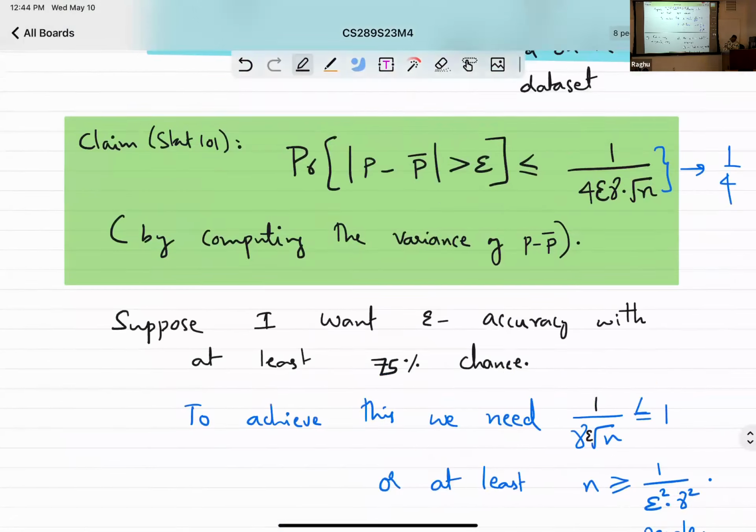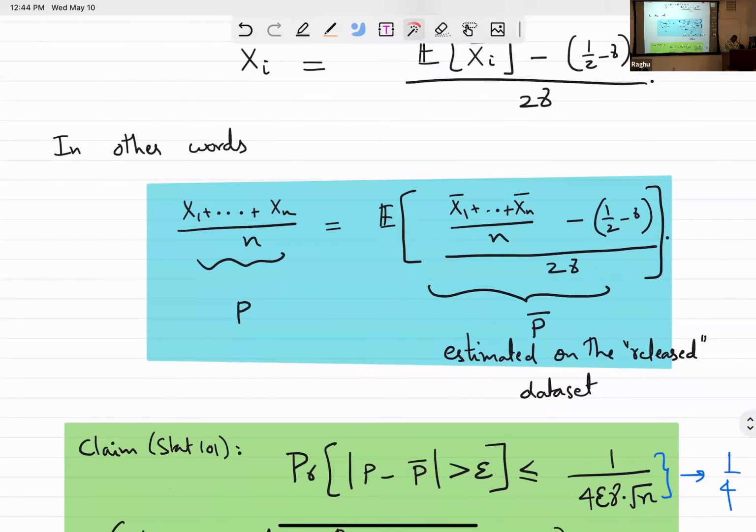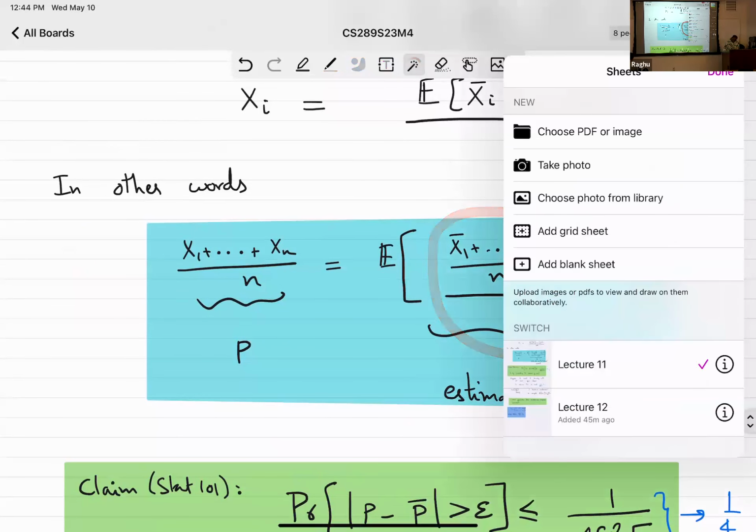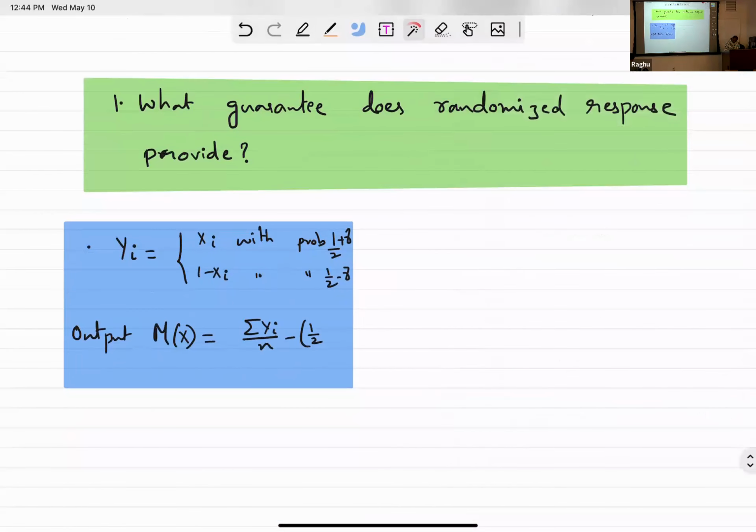Remember, we had to do some correction. Let me call these things xi bar. So this is my mechanism.